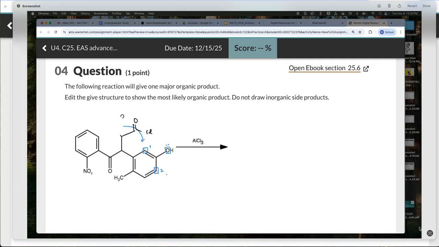So on this one, our pi bond can come out and attack. The AlCl3 pulls the chlorine off, making our carbon extra positive. We can now close that ring structure. There's our benzene. OH, CH3.